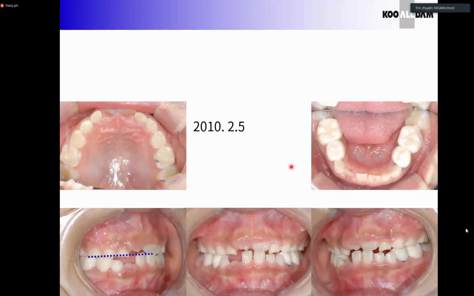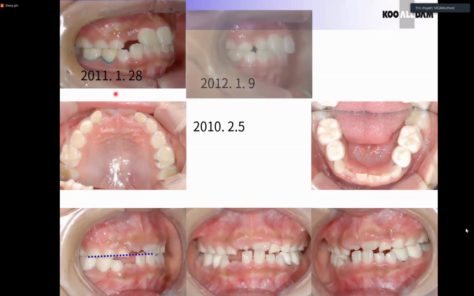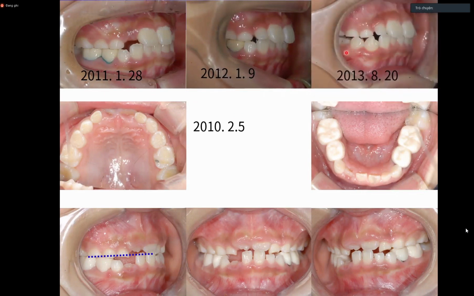So I want to insert resin overlay on the lower primary first and second molars. And you can see this flat curve of Spee. And we can change the occlusion like this.